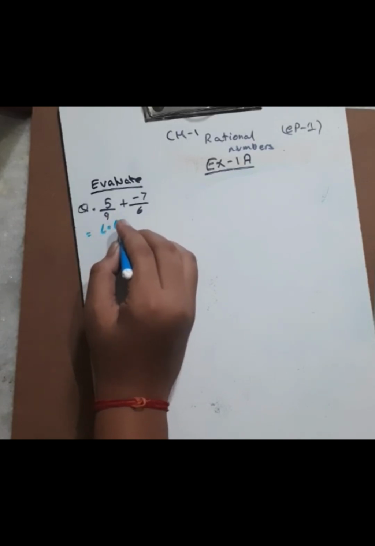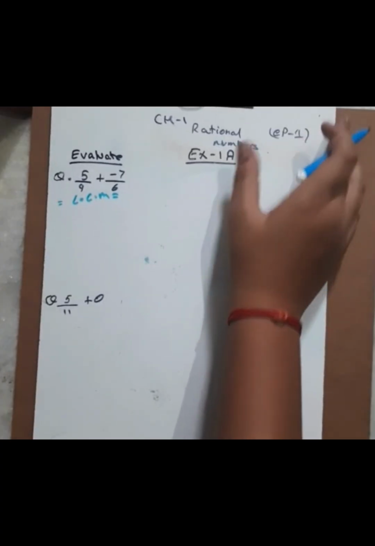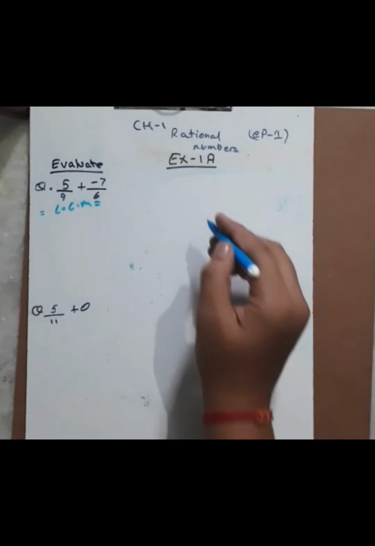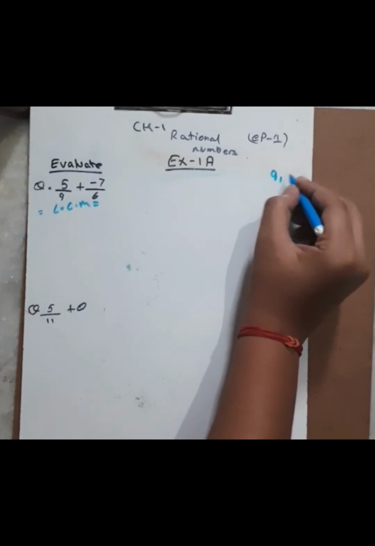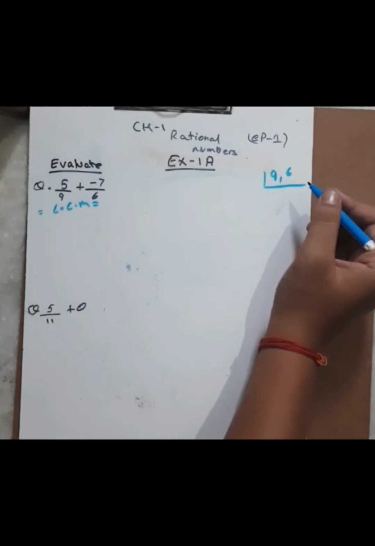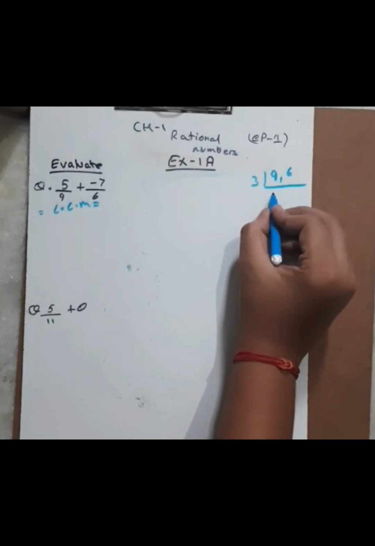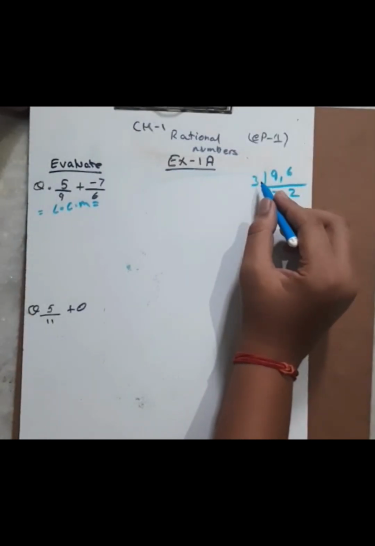Here the denominators are different, isn't it? So we have to take out the LCM. Go to a corner and take out the LCM. How to take out the LCM? Do you all know? Okay.